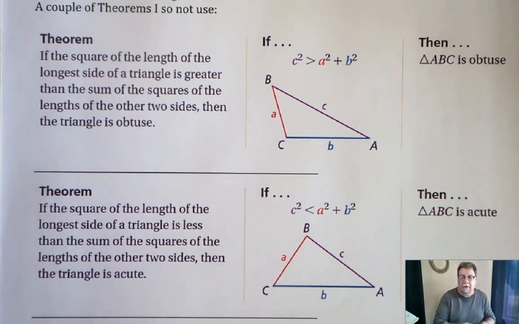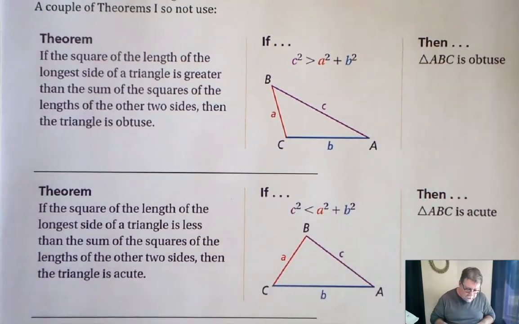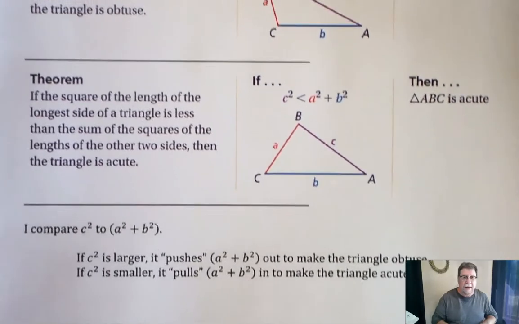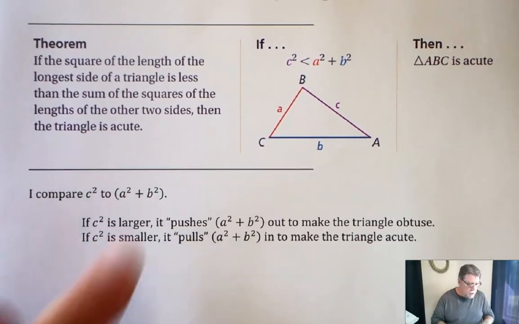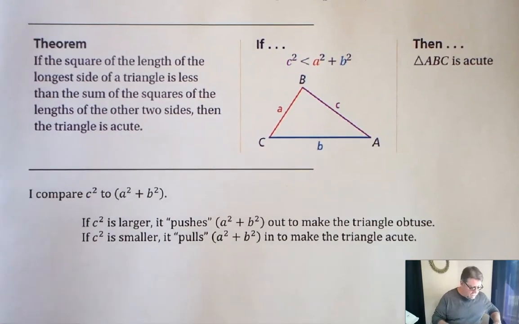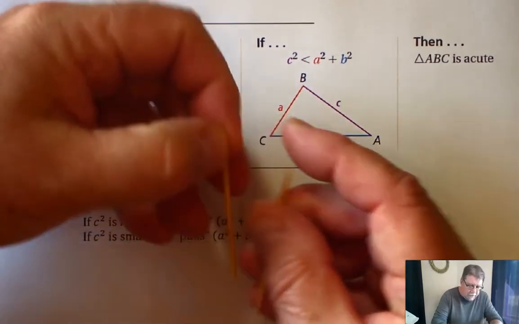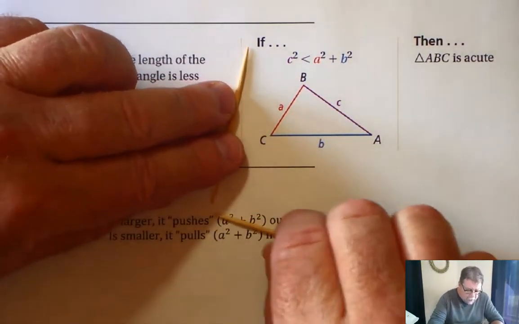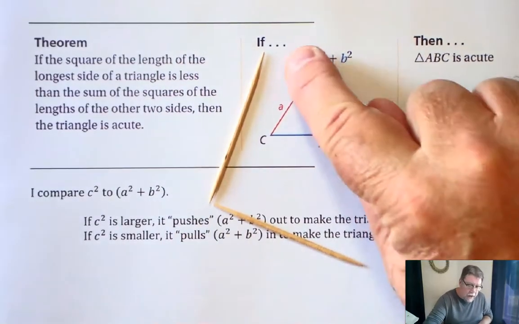Here's what I would prefer you do. I would get these notes for sure, download them so you can see them, but here's what I do. I basically compare c squared to a squared plus b squared. I'm going to use toothpicks to help me show this. If we had a right triangle, a squared plus b squared would equal c squared.